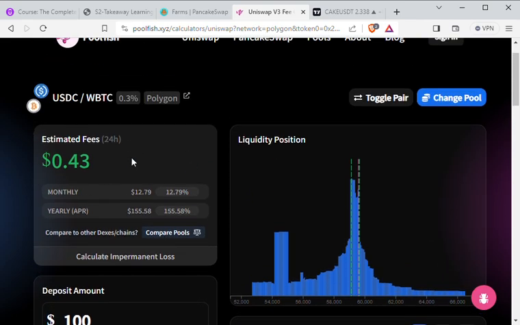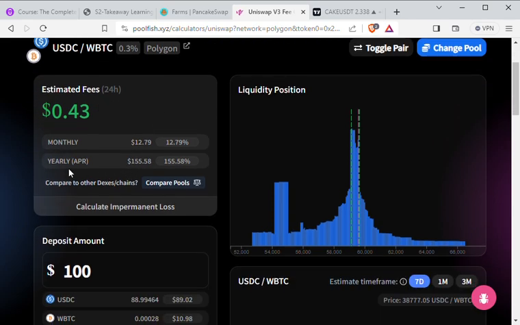And this tells us the fees that we would get in 24 hours if it were to stay in this range. So if you had 1,000, it would be $4.30. Most people, the average I've come to find out, is 5 to 7 days. Some people go for as long as 30.